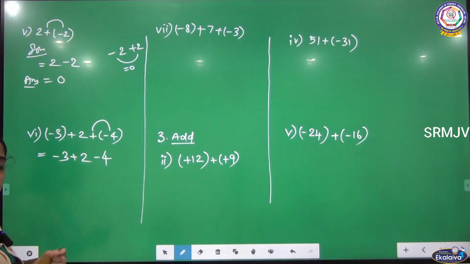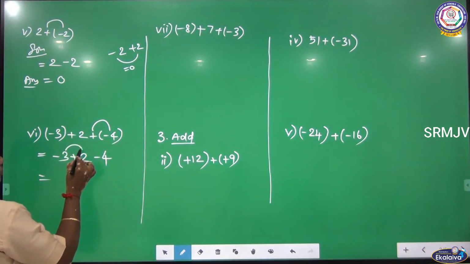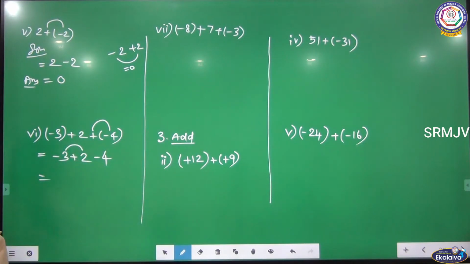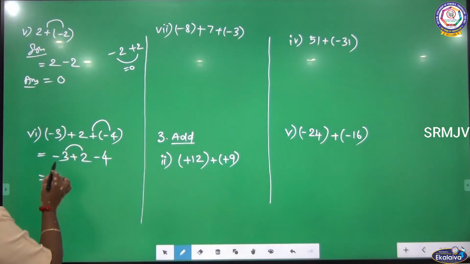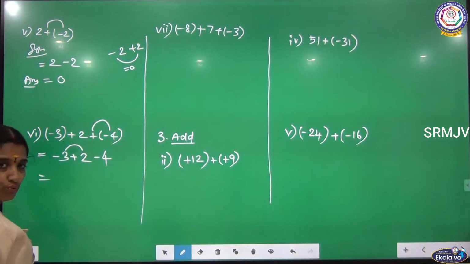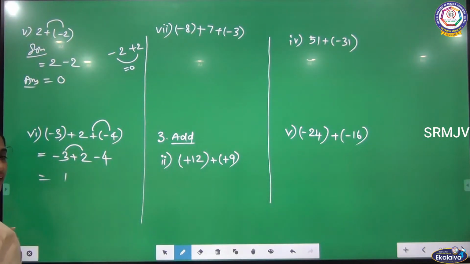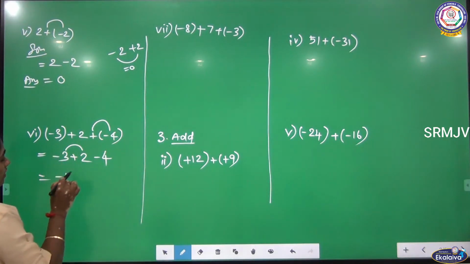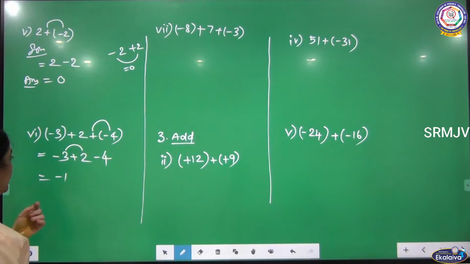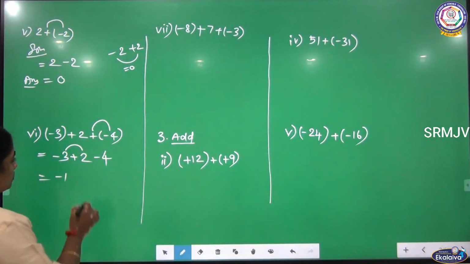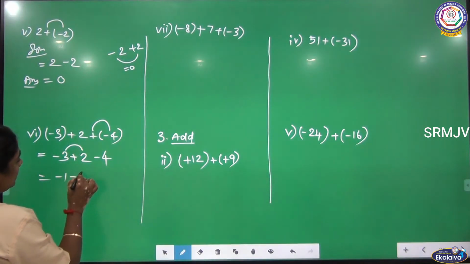Plus into minus 4 is minus 4. Now see here, alternate sign, so I am going to subtract. Alternate sign means what I have to do? Subtract. So minus 3 plus 2, which is what? 3 minus 2 is 1. And negative is greater here, see the symbol, so for that minus 1, and what is there here?